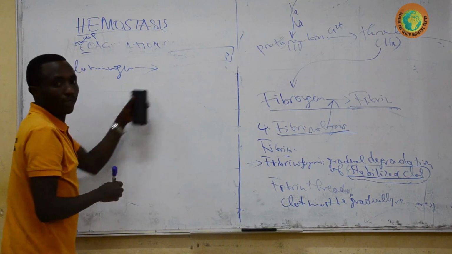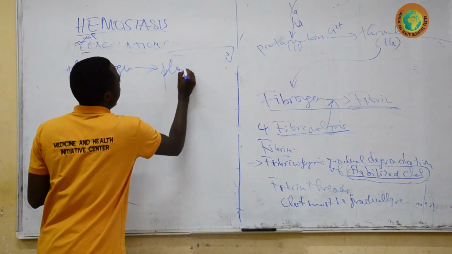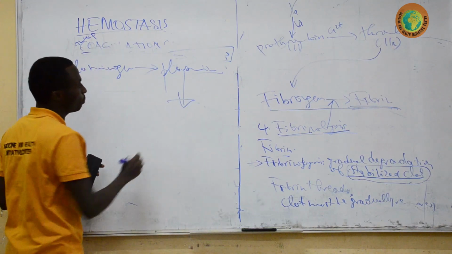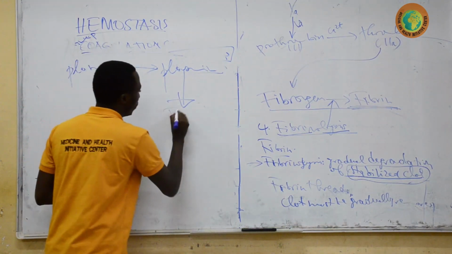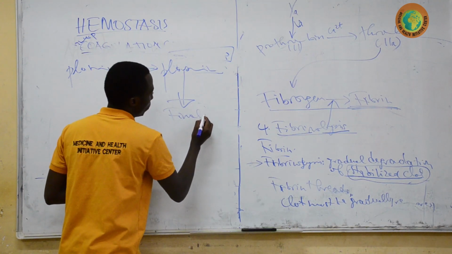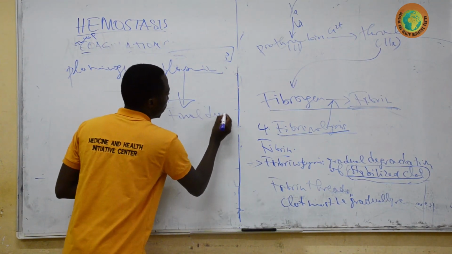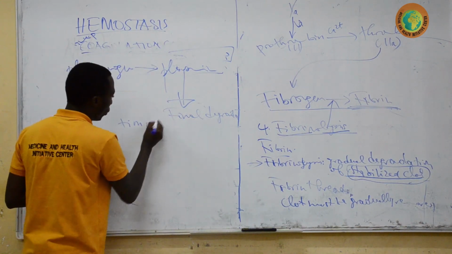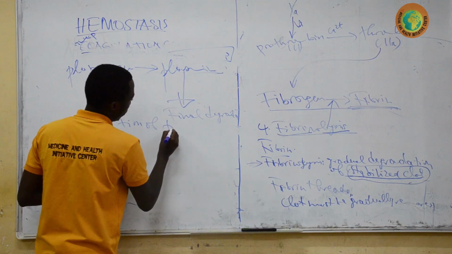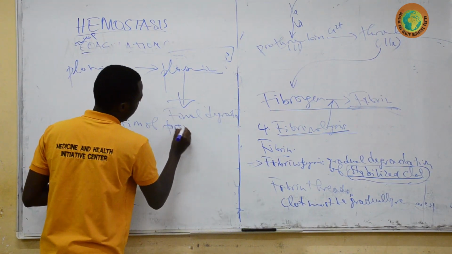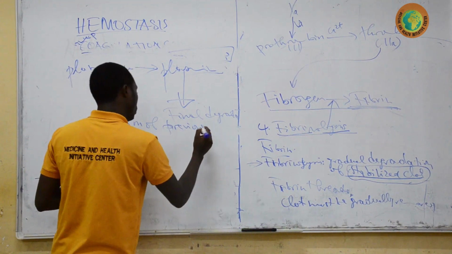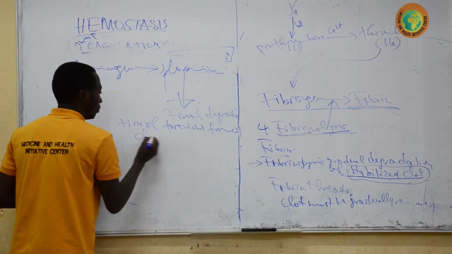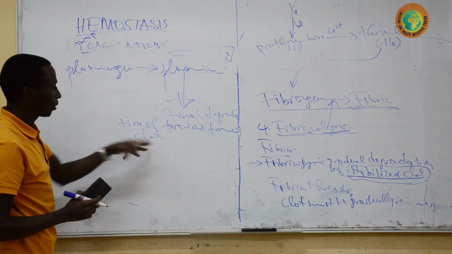It must be converted into plasmin. And this plasmin is responsible for the final degradation of the previously formed clot.